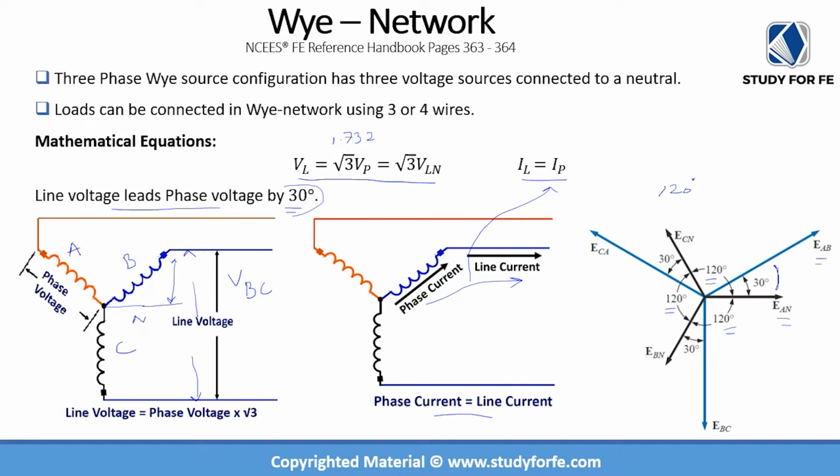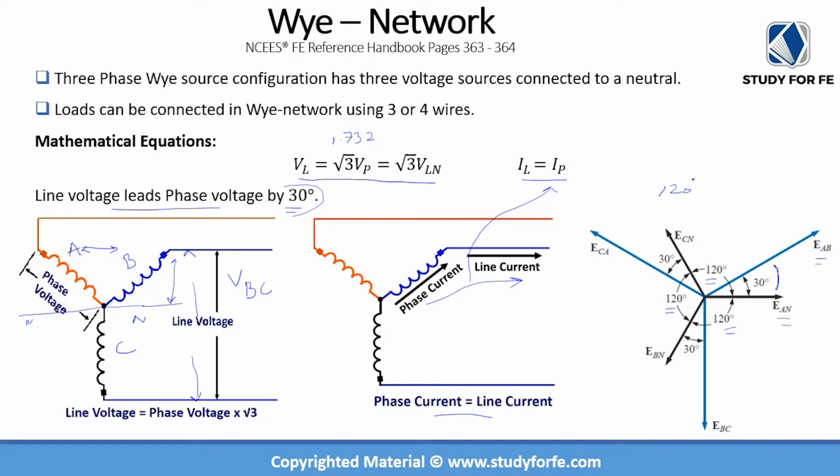EAB is the line voltage between A and B, and it is leading the phase voltage VAN, which is between A and neutral, by 30 degrees.